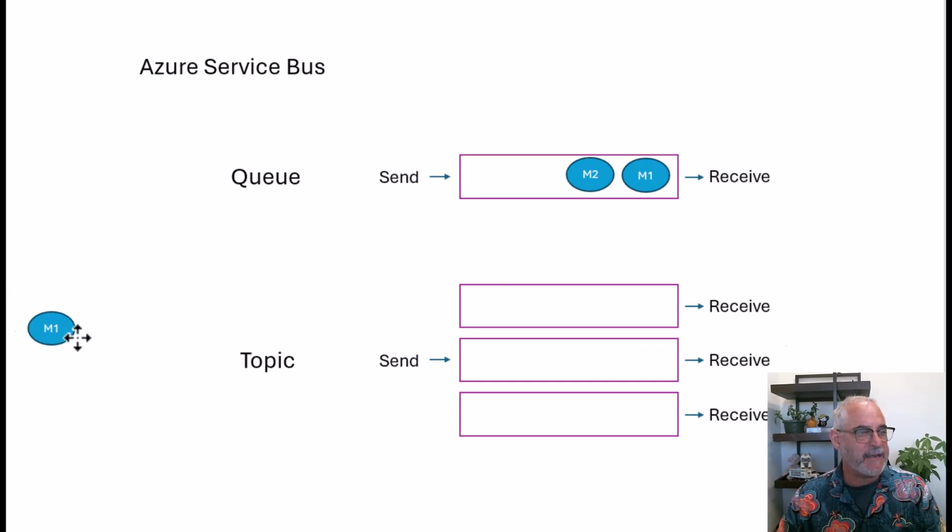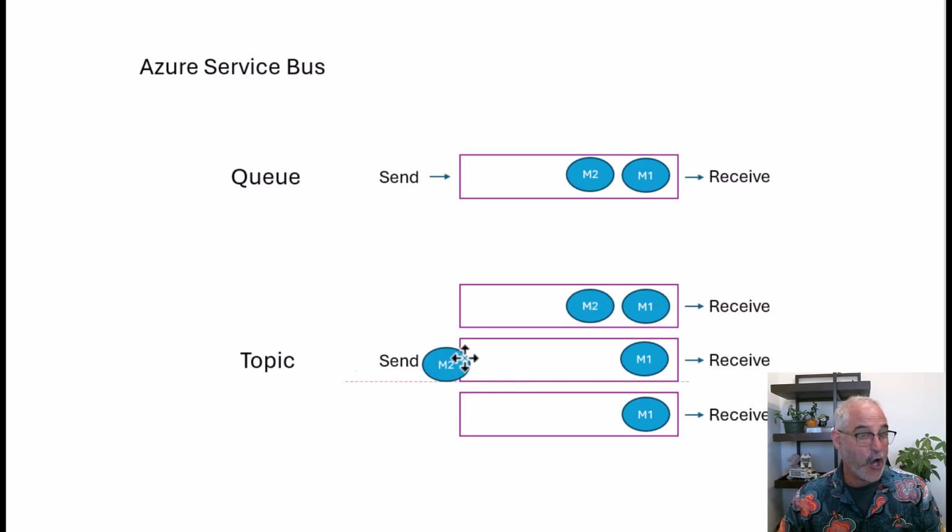So when you send a message to a topic, it actually creates multiple copies of the message. So it's kind of like the queue has one input and then branches, and there are multiple output queues. And so then when we send a second message, this message also gets placed in all of the receiver queues. So a topic is the input side and a subscription is the output side.